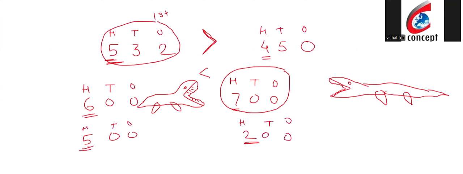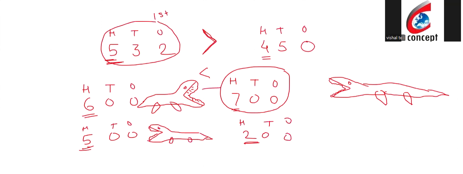So wherever there is a greater number, crocodile's face is towards that number. So this is greater sign. Crocodile is going to eat this one. Okay. So this is the crocodile. All right. Do you understand? So if this is a greater number, crocodile is going to eat this.